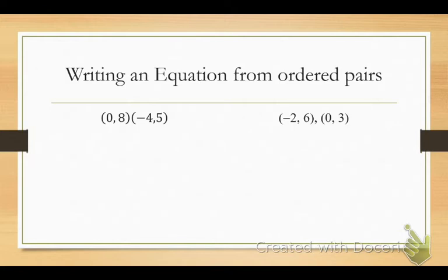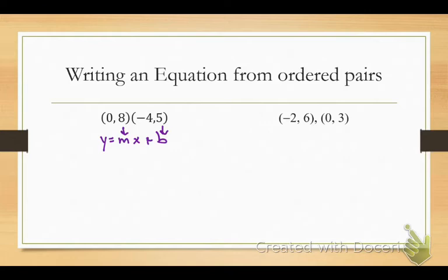I'm also going to ask you to write an equation from ordered pairs. Your framework is still the same. y = mx + b, okay? You still need to solve for m and b. Well, can you find m with ordered pairs? Okay, so you're going to find m with ordered pairs.